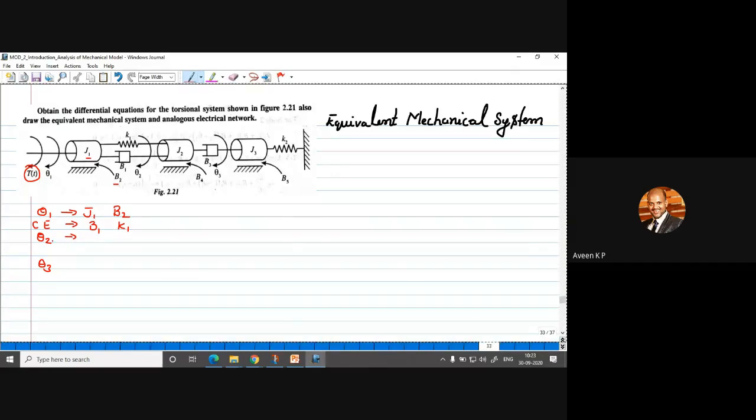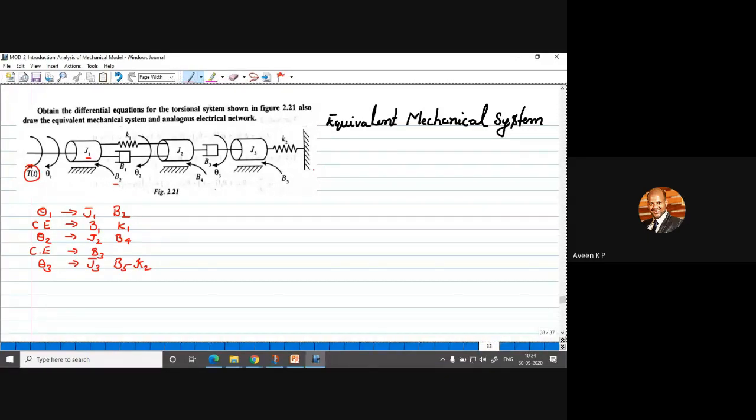The elements undergoing theta 2 are J2 and B4. The common element between theta 2 and theta 3 is B3 and no other element. The elements undergoing purely theta 3 are J3, B5, K2. Using this, you need to write the equivalent mechanical system.